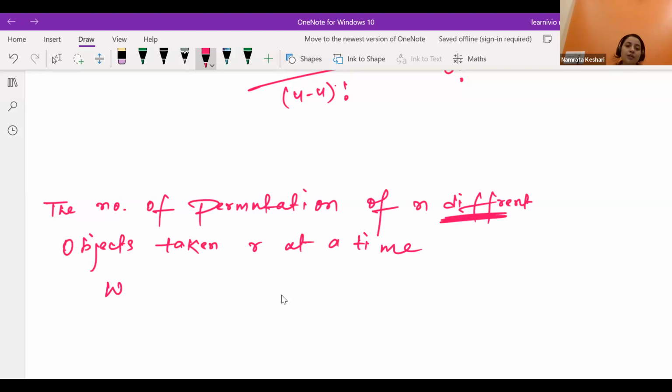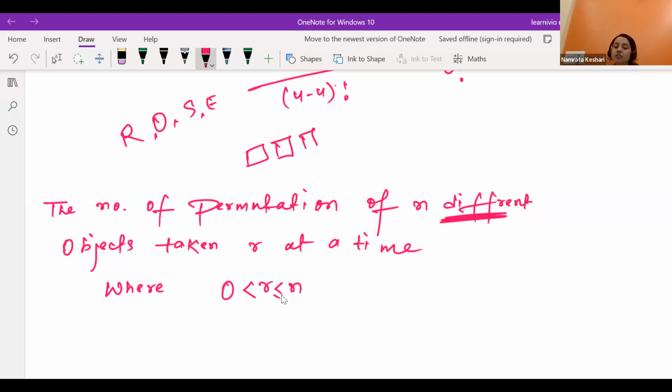where r must be greater than 0 or lesser or equal to n. What does it mean? r is lying between 0 to n. It can touch n. That means if in total you are having four letters R, O, S, E, then you can arrange four at a time.